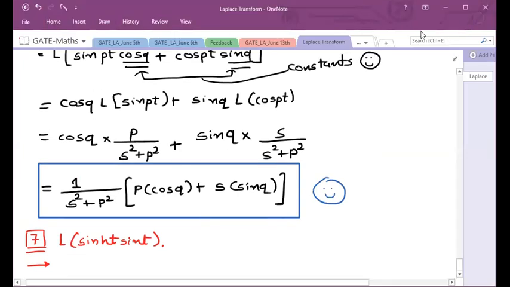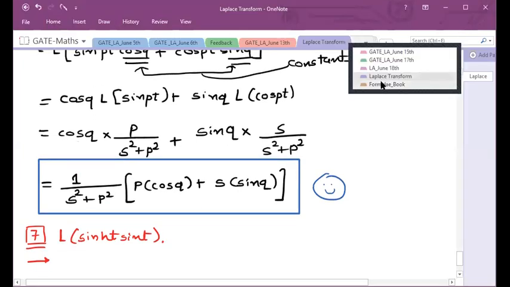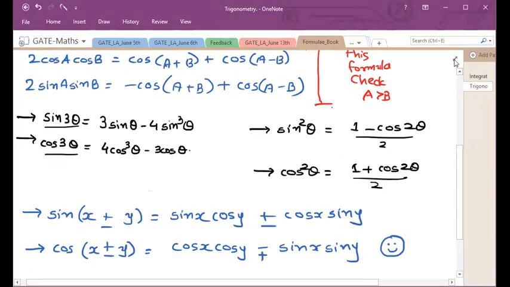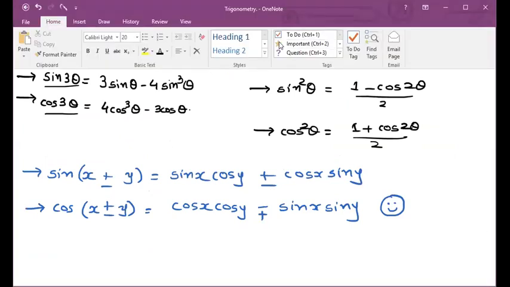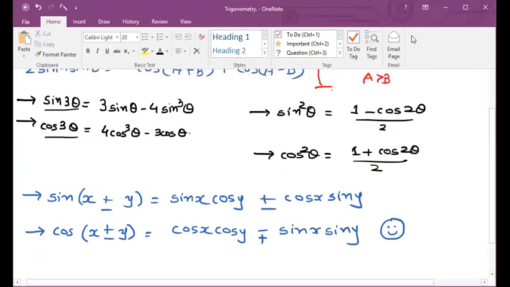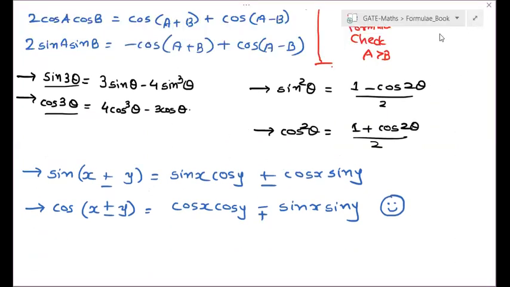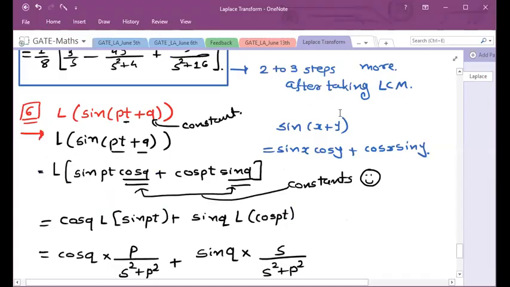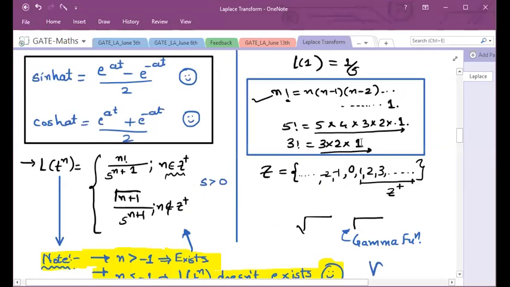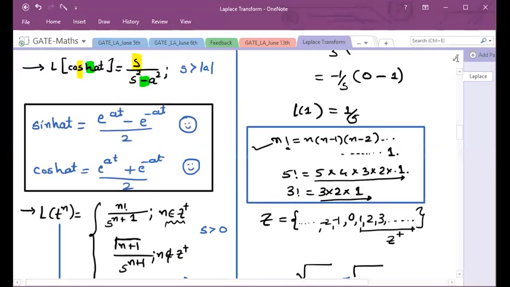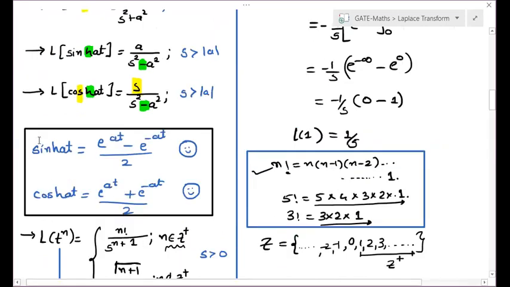Let me give you that formula, the formula of sine hyperbolic theta and cos hyperbolic theta. I have given you those formulas already in Laplace. Let us see there. Yes, these are your formulas. We are going to use them over here.